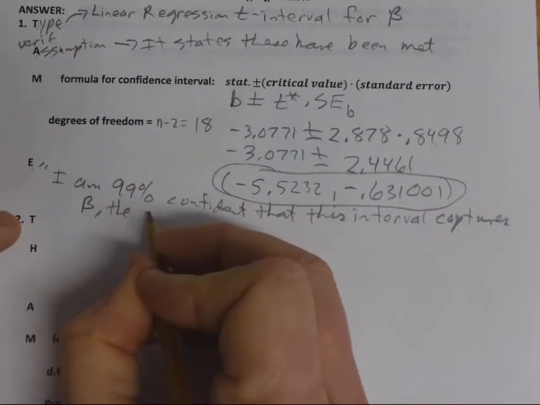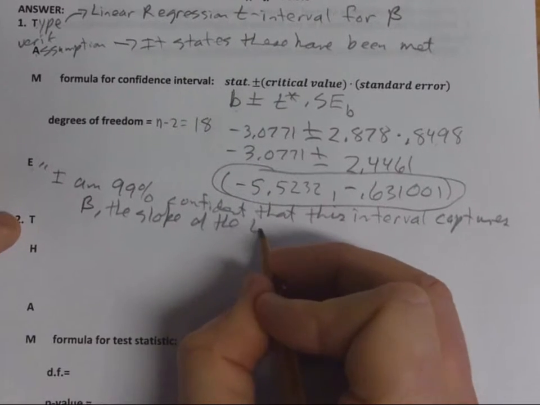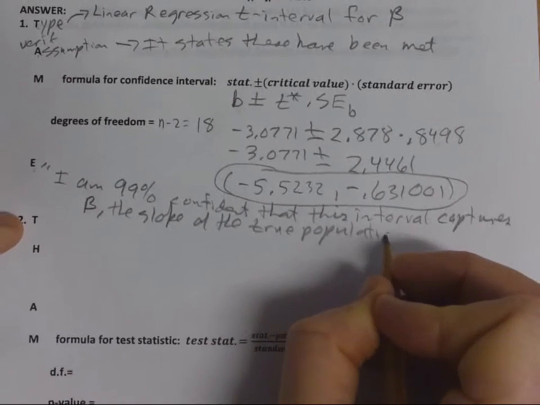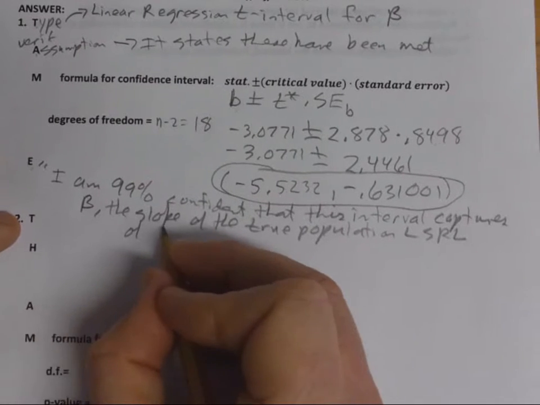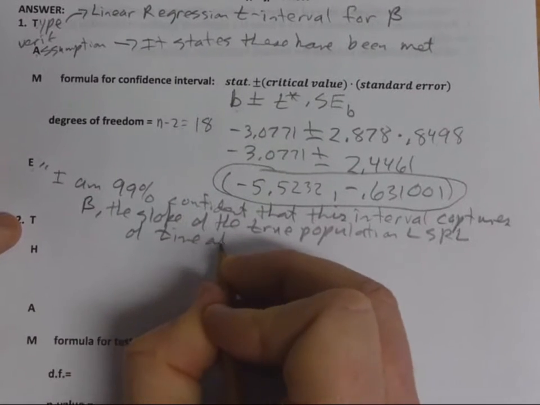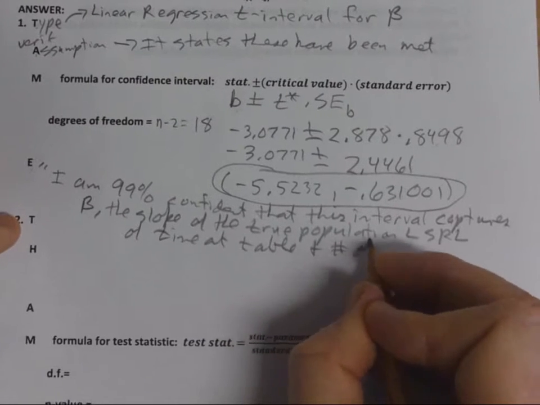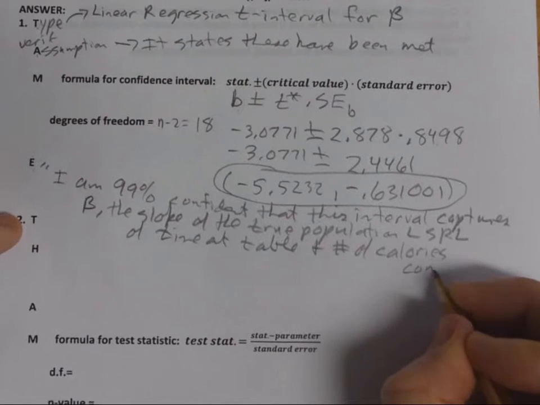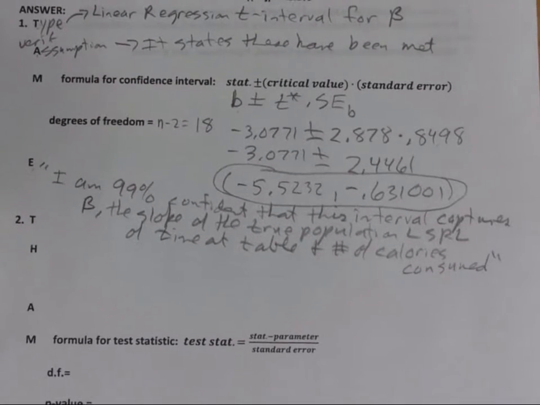So beta, the slope of the true population least squared regression line of time at table and number of calories consumed. Okay, and so that's how you make an interval.